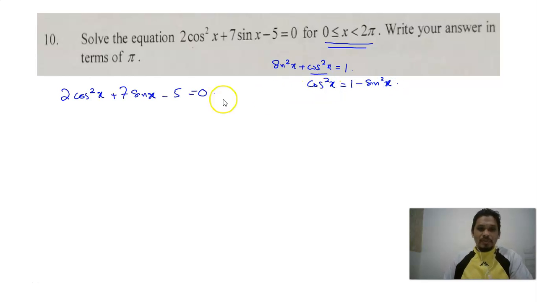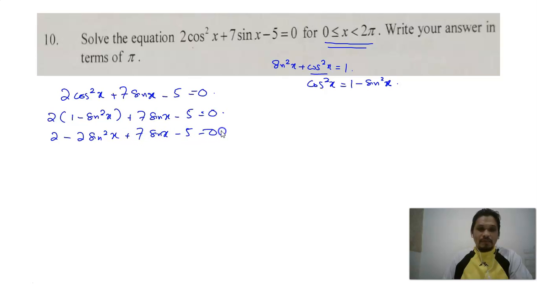So let's substitute this here: 2 times (1 minus sine squared x) plus 7 sine x minus 5 equals 0. So 2 minus 2 sine squared x plus 7 sine x minus 5, then negative 2 sine squared x plus 7 sine x, and 2 minus 5 is negative 3, equals 0.